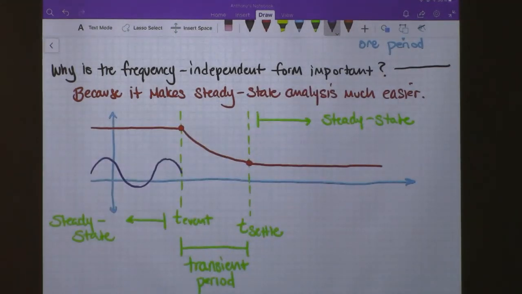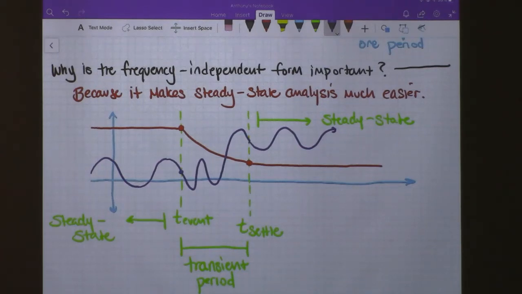Okay, but at the point at which the event occurs, maybe what we'll have is some disturbance, and then it'll return back to steady state.